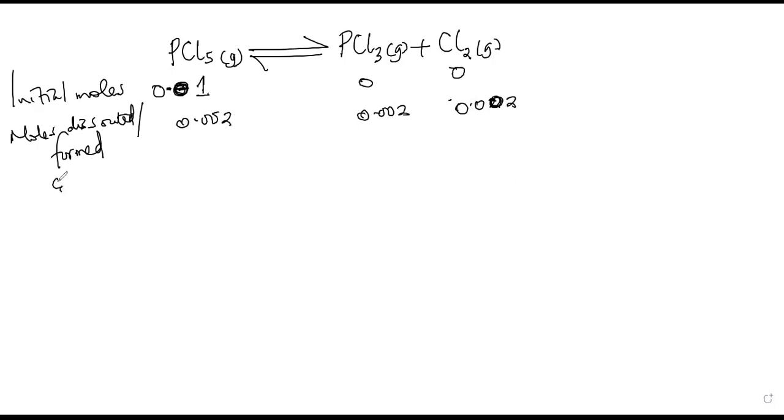So at equilibrium, the equilibrium moles will be 0.01 and 0.002, 0.002, 0.002. So this one can enable us get everything that we need.